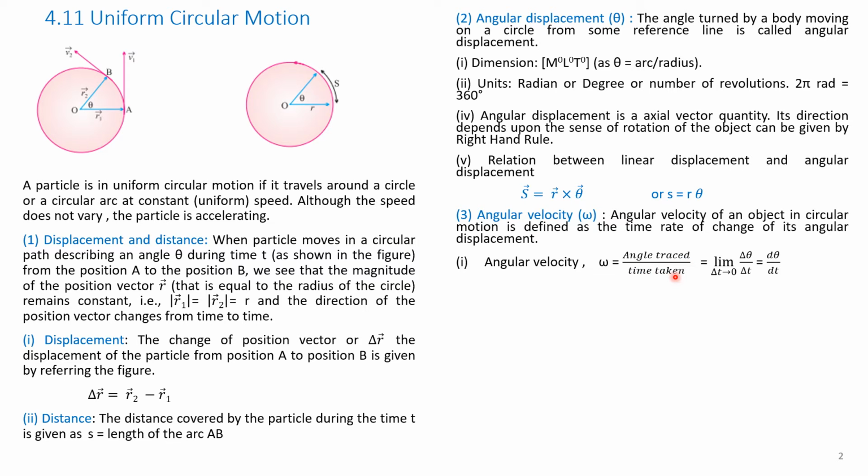That is also given as limit as delta t tends to 0 of delta theta by delta t, which simplifies to the first differential of theta, that is d theta by dt. Dimensions of angular velocity omega are M to the power of 0, L to the power of 0, T to the power of minus 1.